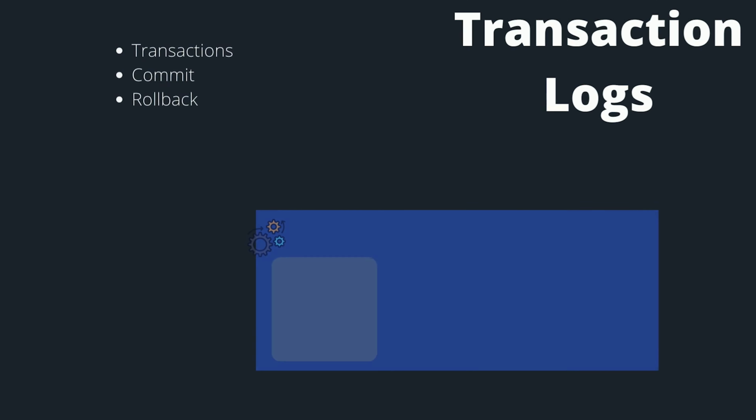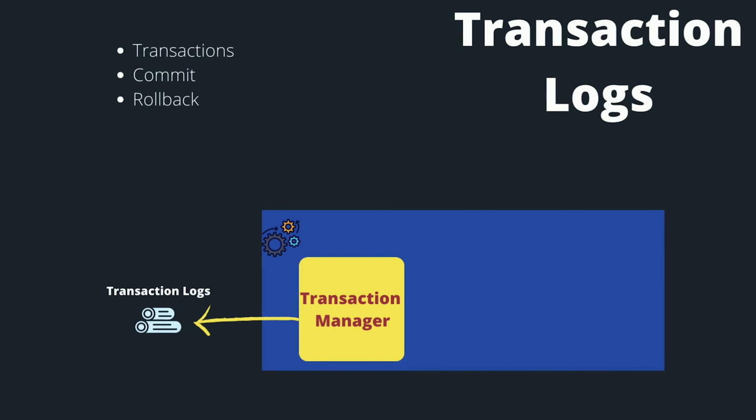Unless we're using a commit. If the statement or the query we're using is inside of a transaction scope, we have the option to do a commit or a rollback. Up until a commit happens, things will live in the transaction manager.